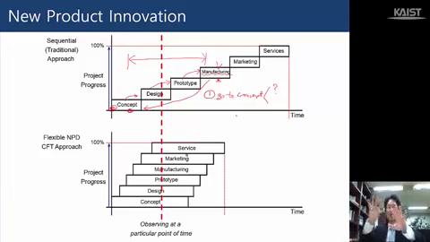Although it looks very straightforward and very simple, in reality, they don't want to accept their own mistakes. That's too damaging to themselves. So there might be some organizational resistance against going back to the concept, right?